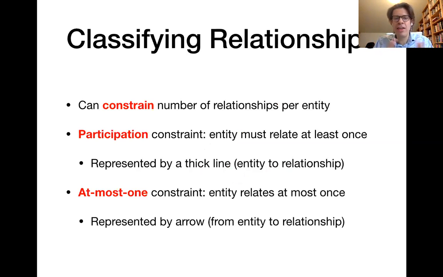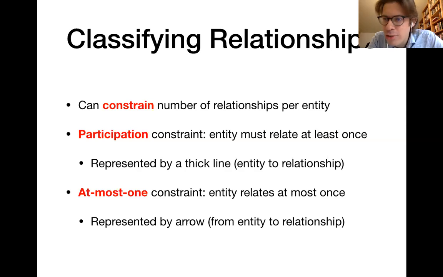We have also seen that we can classify those relationships further by introducing constraints. In particular, we have seen the participation constraint, which essentially means that an entity needs to be related according to a specific relationship with at least one other entity.